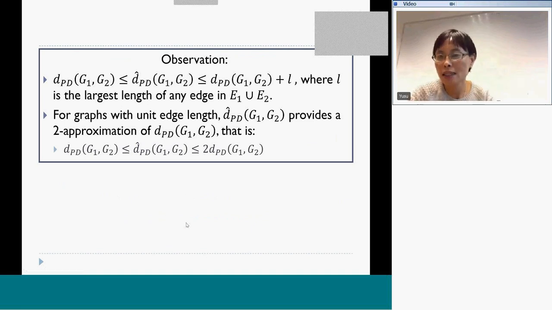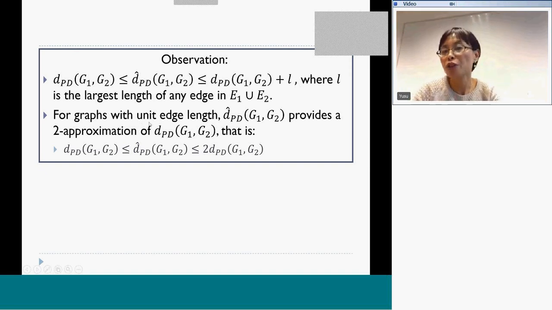And it's not hard to see that this discrete distance provides some sort of approximation of the continuous persistence distortion distance. In particular, we get this relation with an additive error L, where L is the largest length of any edge in the input edge set. The discrete persistence distortion distance will be bigger than the continuous one, since we only consider a subset of base points, and it is bounded from above by the continuous persistence distortion distance plus the largest edge length.